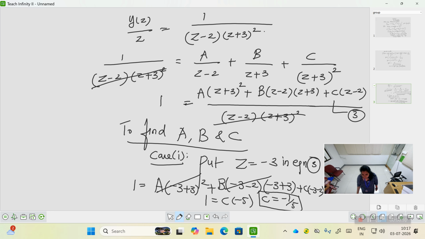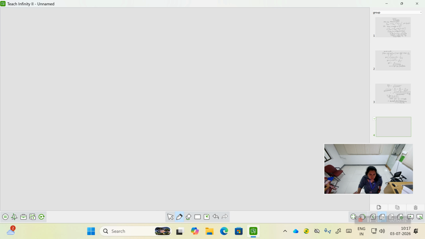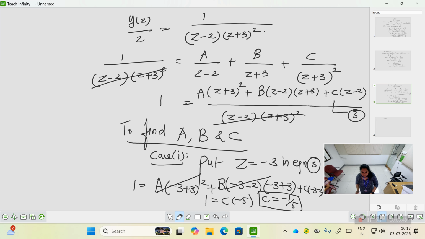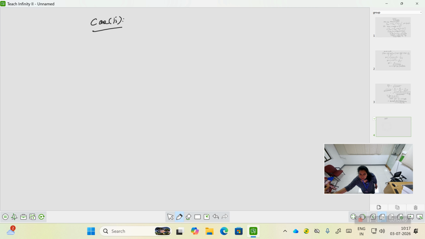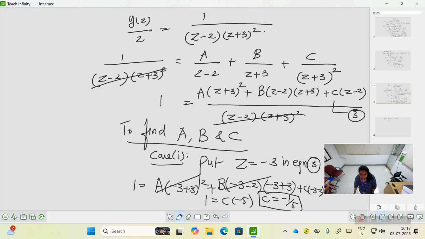Next we are going to find case 2. In case 2, we will substitute z equal to 2 in equation 3. What will happen? Instead of z we substitute 2.